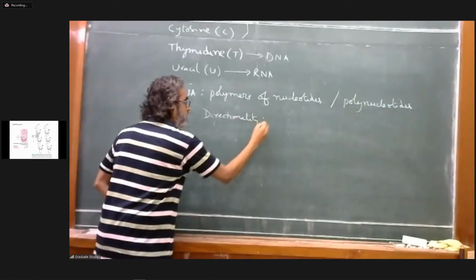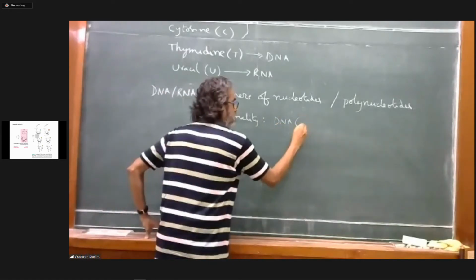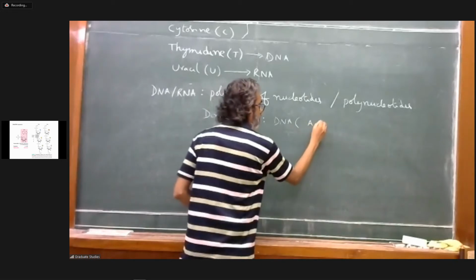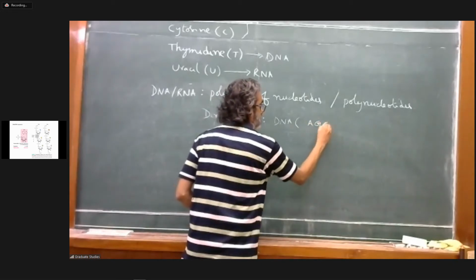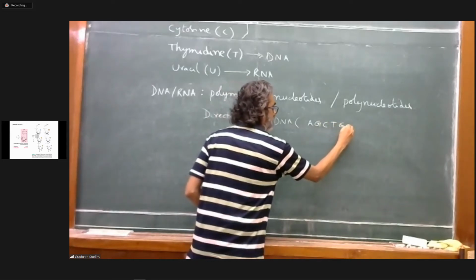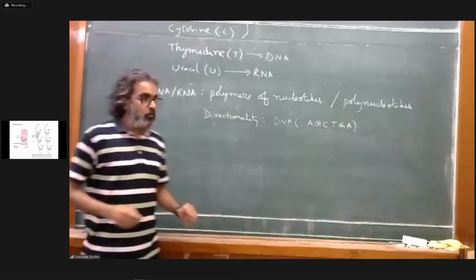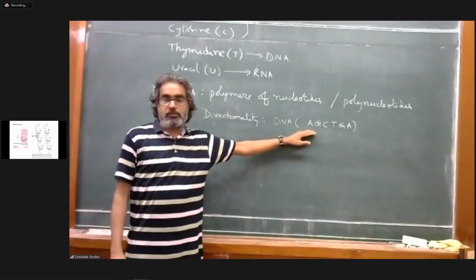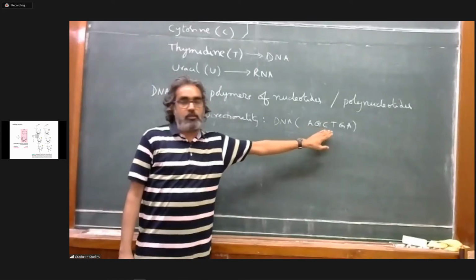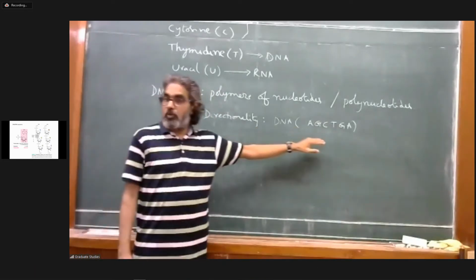So what do I mean by directionality? For example, let's say I take a DNA sequence consisting of a nucleotide A, followed by G, followed by C, followed by T, then again G, and A. This is some example sequence where my first nucleotide is adenine, followed by guanine, then cytosine, thymine, etc. So this directionality is important.